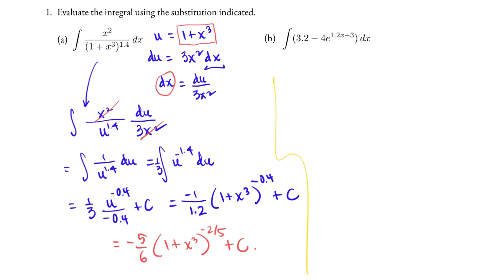For the second part, we will let u be the expression in the power of the exponential e. u equals 1.2x minus 3. Then du equals 1.2 dx, and so dx equals du over 1.2.